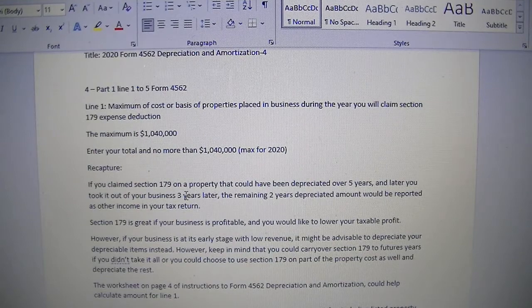But if you are talking about building, it will be either residential or non-residential, so 39 years or 27.5 years.